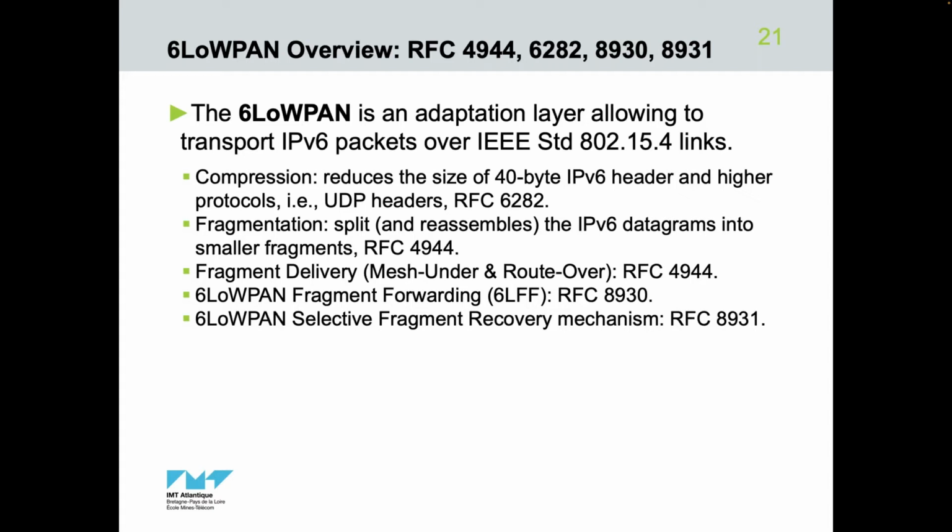So that's it. What I'm proposing to you today is, for the remaining time, I will focus on the first mechanism, which is the header compression, defined in RFC 6282. And if time permits, I will proceed with the fragmentation. But the core of this talk will be the compression part.